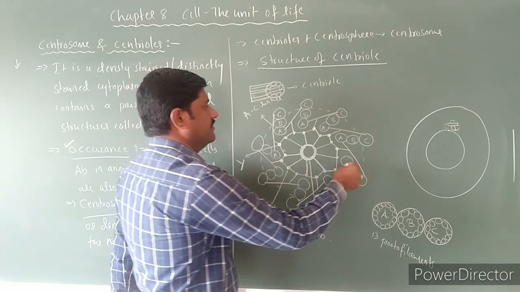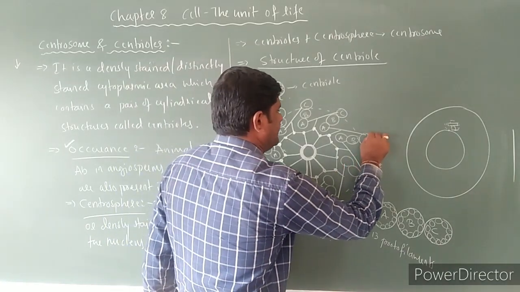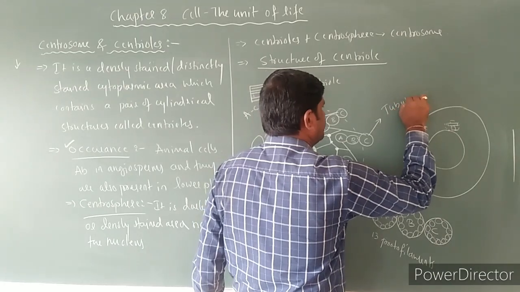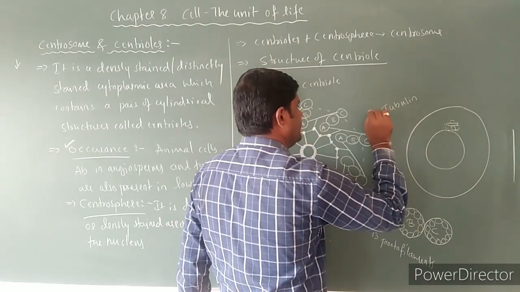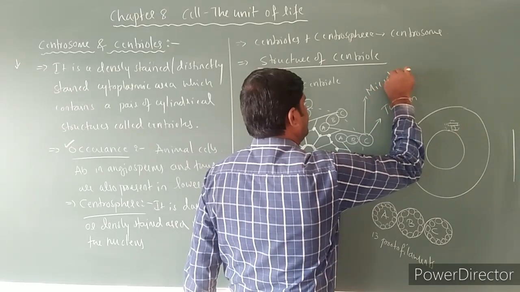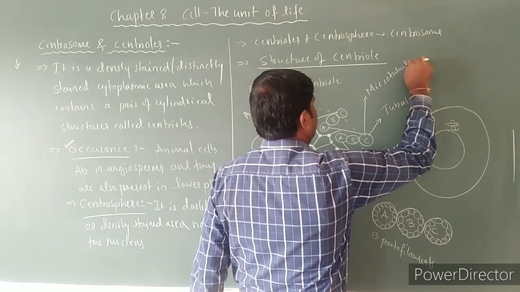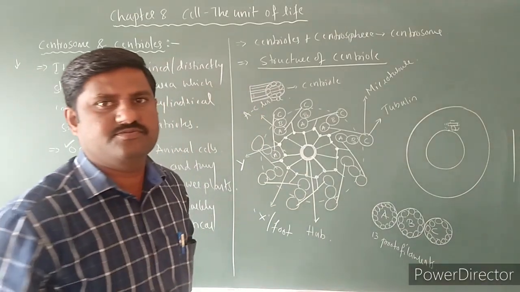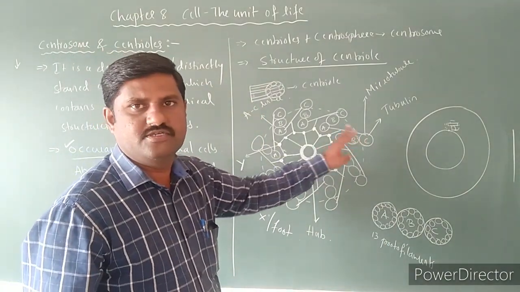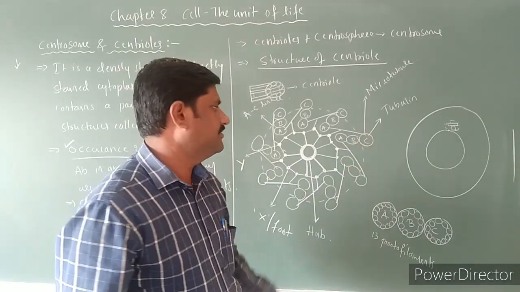So each triplet is made up of a protein called tubulin, and each one is called a microtubule. Each one is called a microtubule. Such 3 microtubules together form what?